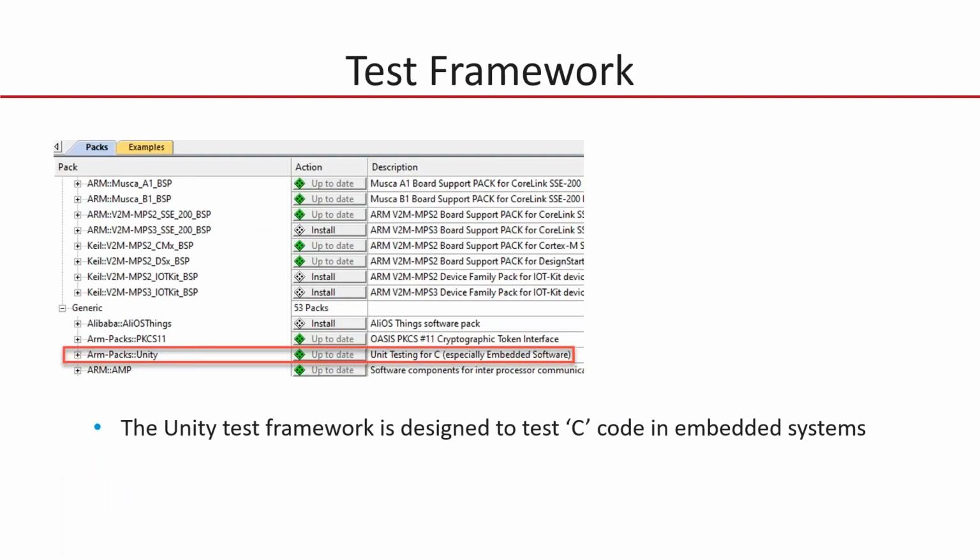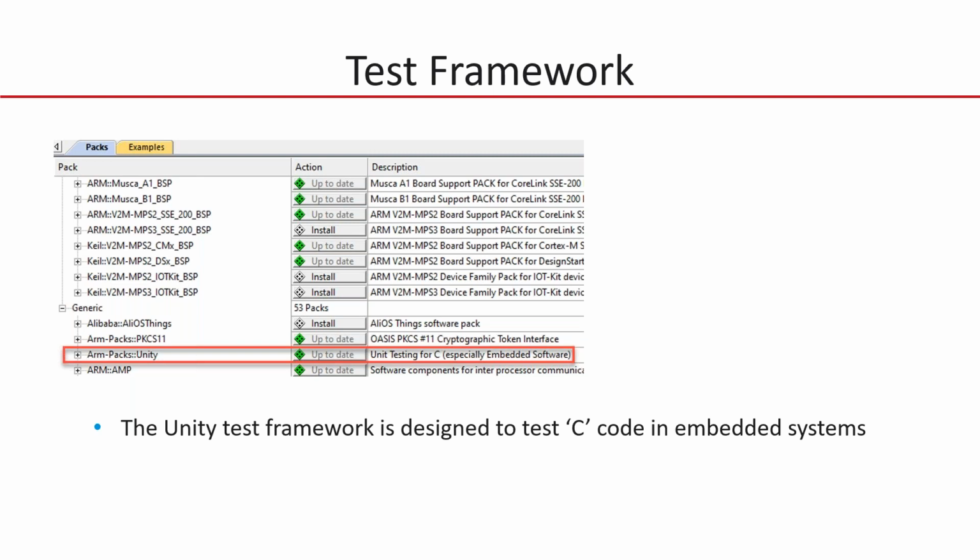If we're using the ITM, it's a very good means of reading and writing test information down onto the microcontroller. And there is a test pack for a test framework called Unity. So this is an open source framework for C code that's been specifically developed for embedded systems.